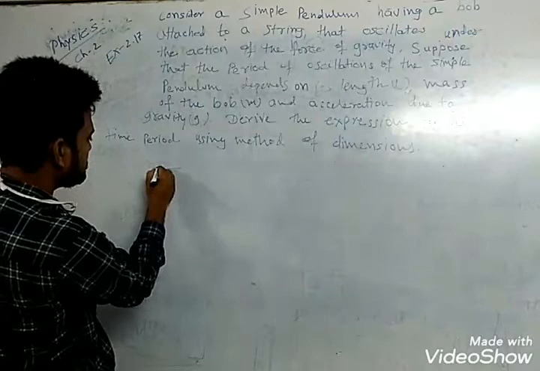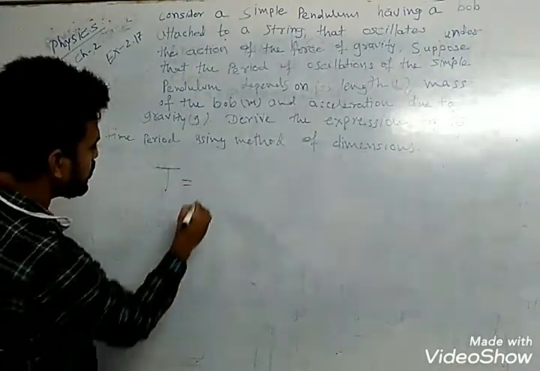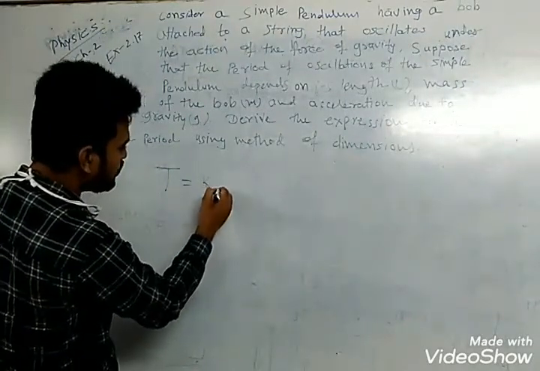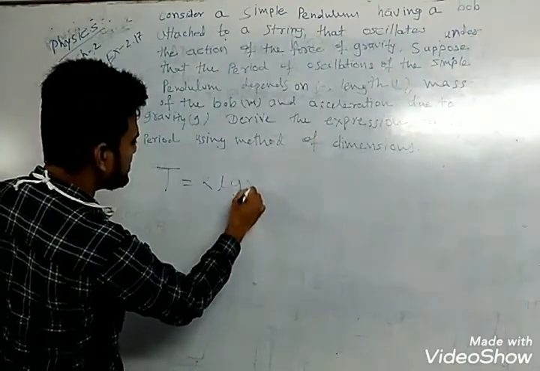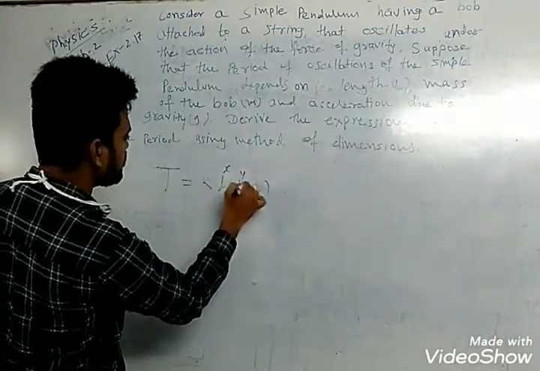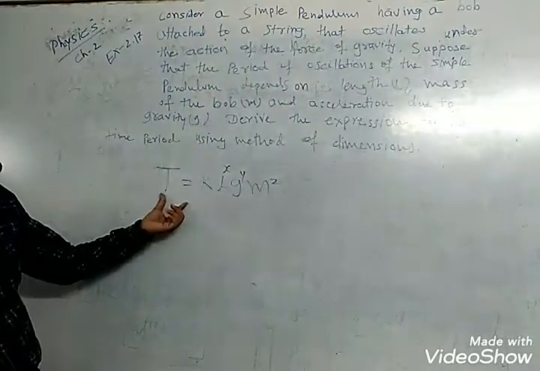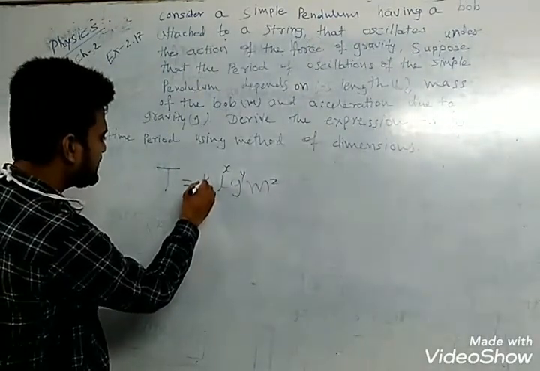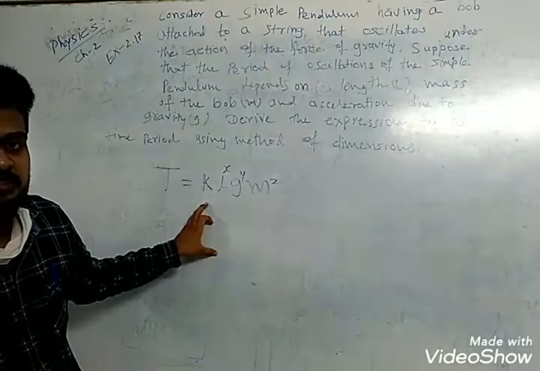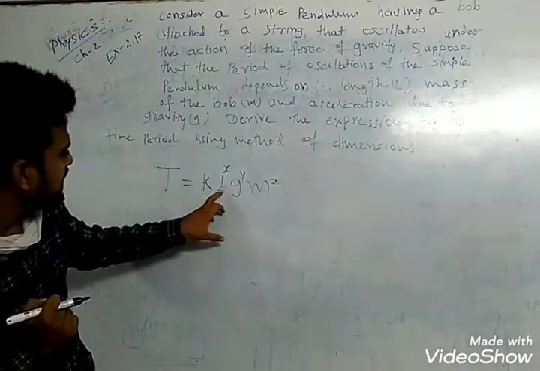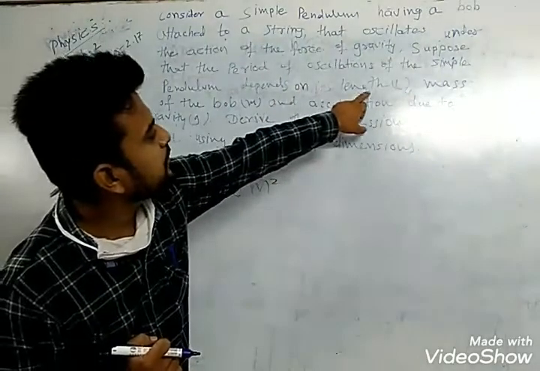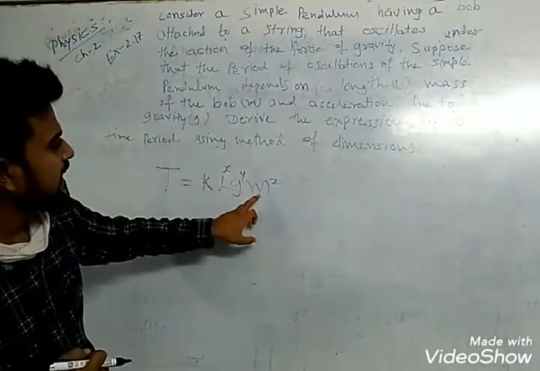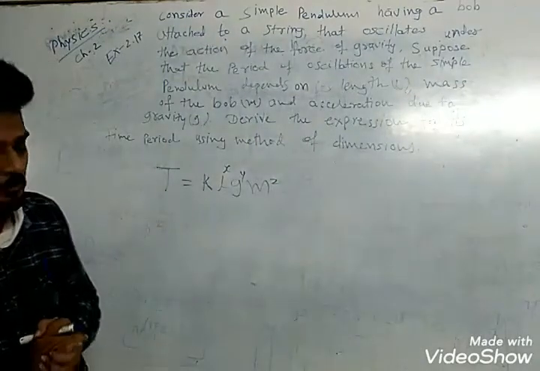Here we have T = k lˣ gʸ mᶻ. Here k is a dimensionless, constant value, l is the length of the simple pendulum, g is acceleration due to gravity, and m is the mass of the ball.